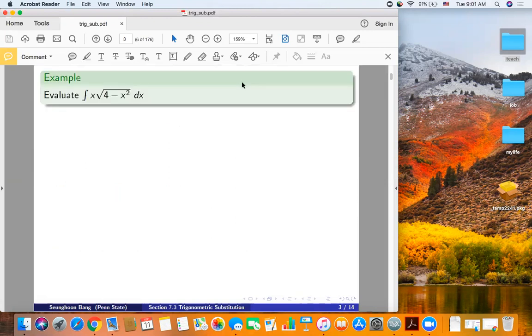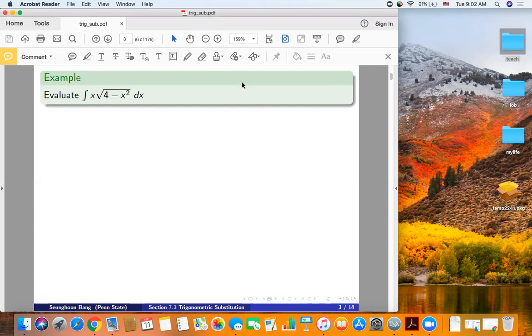The first one, evaluate the integral x square root of 4 minus x squared dx. Do you know how you can calculate this integral? What kind of technique do you want to use for solving this problem? So far we learned three techniques.